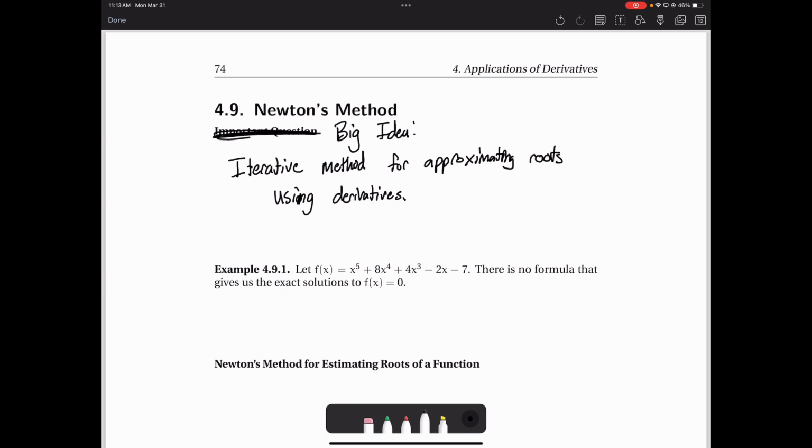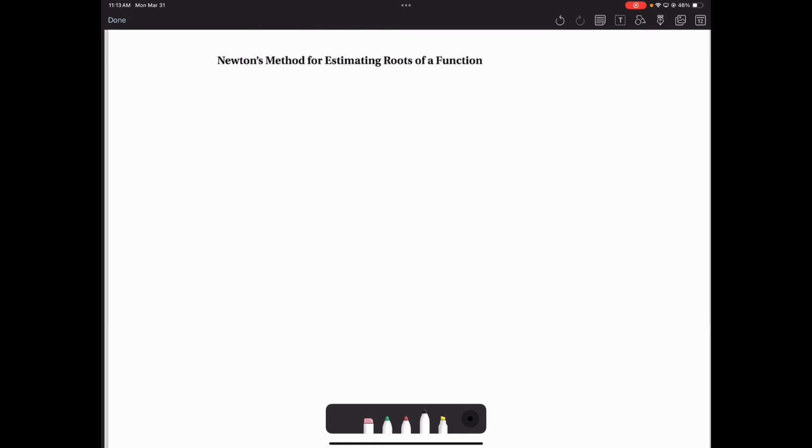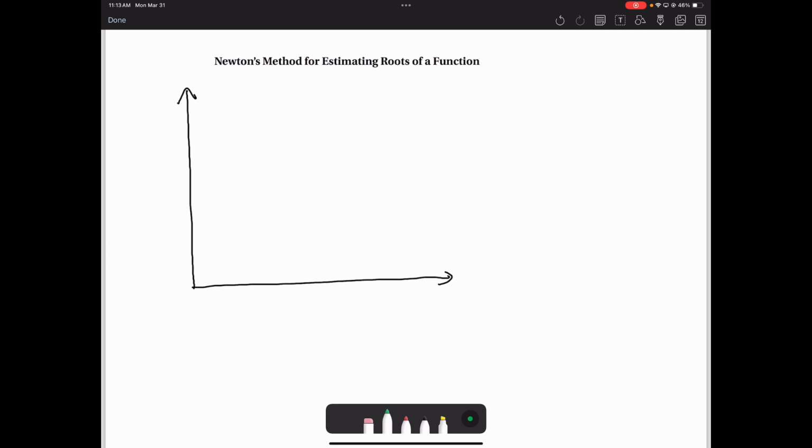So let's look at this graphically so we can understand what's happening. Let's say I have some function. We'll let this go into the negatives because we are looking for roots. So there's my f of x, and I know it crosses the x-axis at some point here.